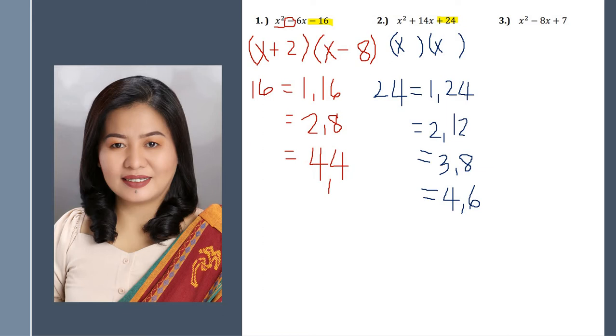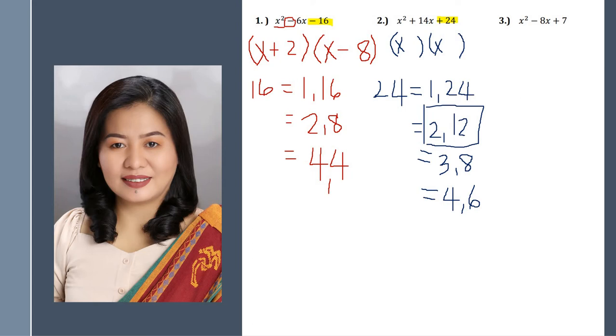Okay, so now we find their sum. We are using sum because both the second and the third term are positive. If we add 1 and 24, will that give us 14? The answer is no. How about 2 and 12? Will that give us 14? The answer is yes. So our factors will be 2 and 12.